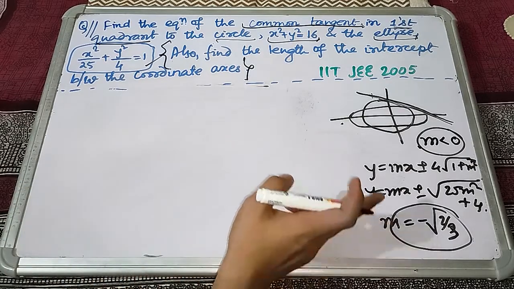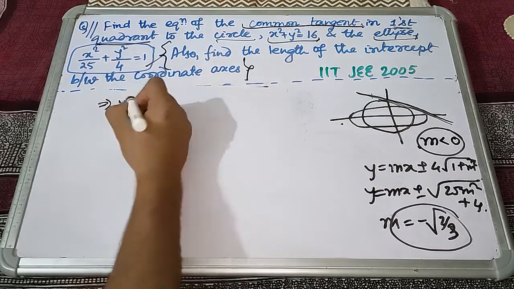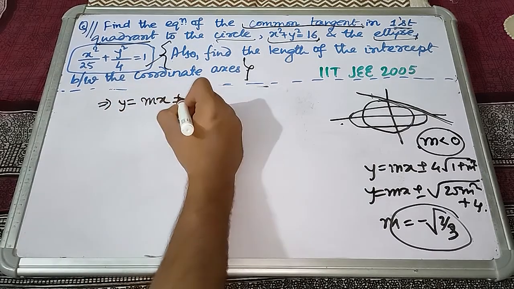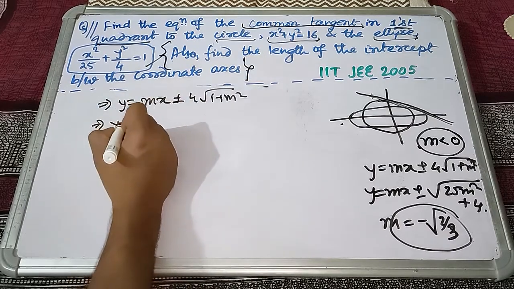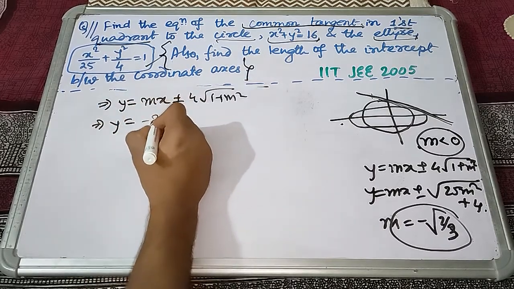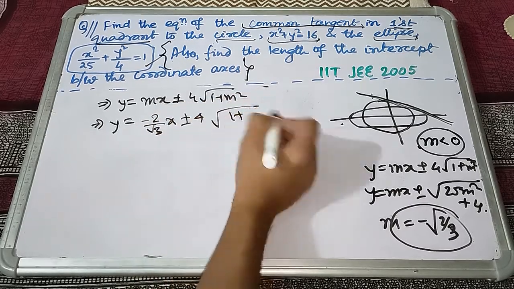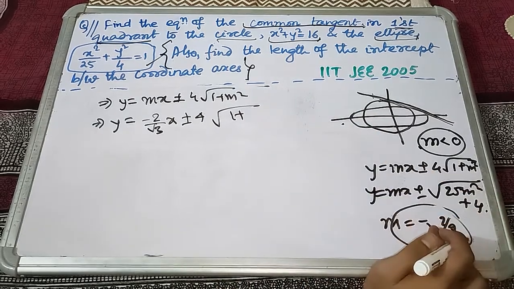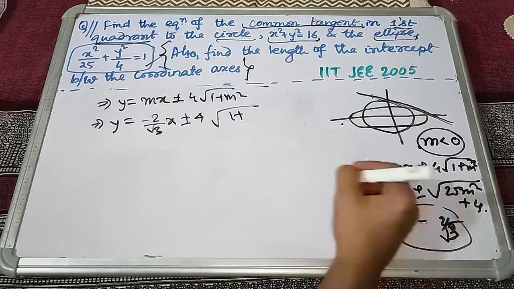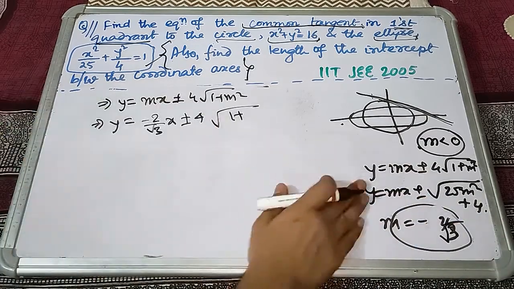Now put this value of m in any one of the equations. I like the first one because it seems a little bit simpler. Let me put it over there. y = -2/√3 x ± 4√(1 + m²). m² is what? This is not √2 by 3, this is 2 by √3, because m was √(4/3). So correct this part.